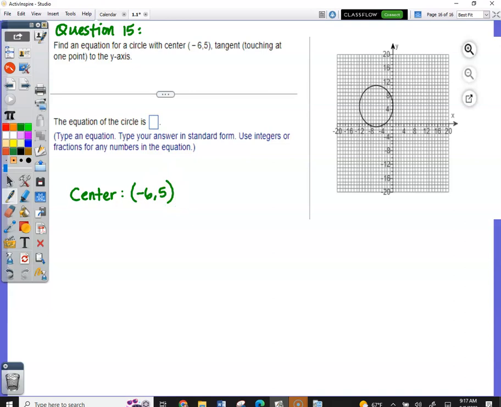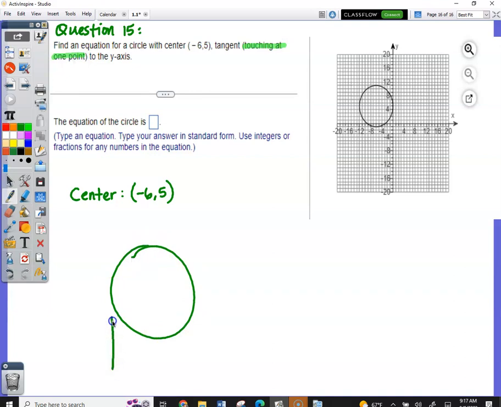Then instead of telling me there's a point on the circle or the radius is whatever, now it says tangent, and it reminds you what tangent means in math. It means touching at one point. In geometry, y'all learned about tangent lines.